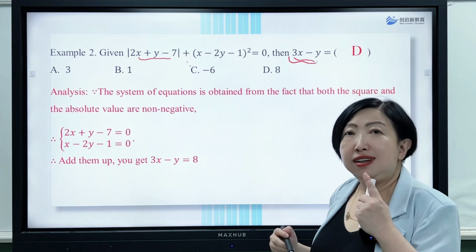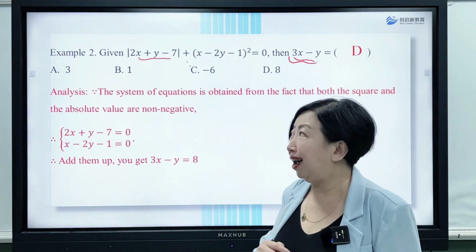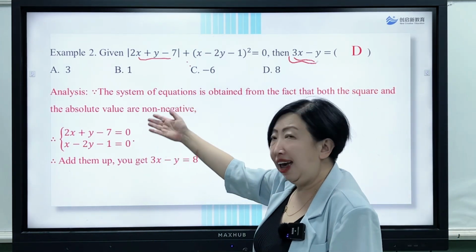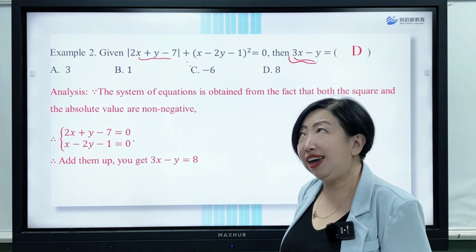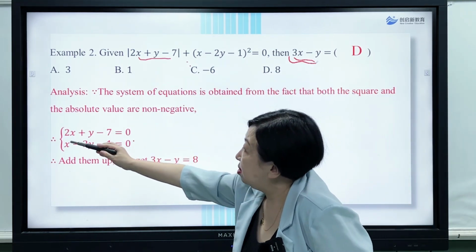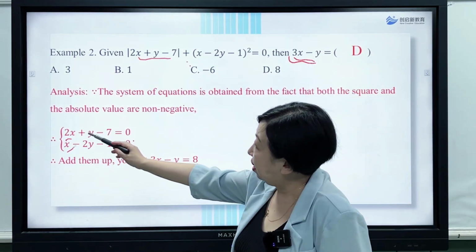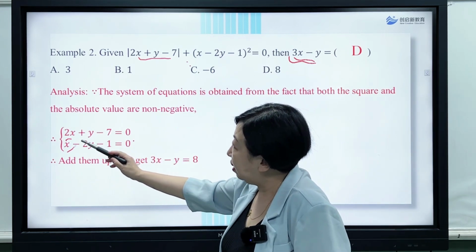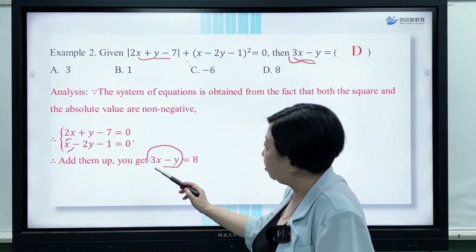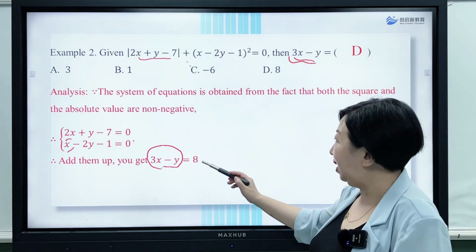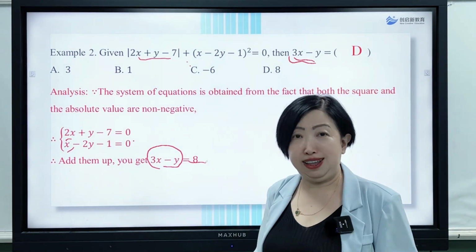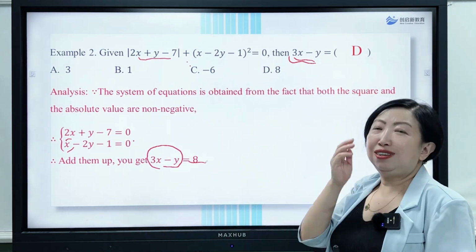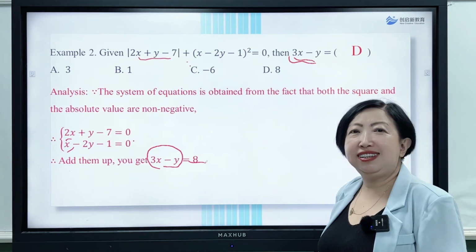They ask us for 3x plus y, so just add them. It's 3x and negative 2y, so it's 3x minus y, which is 8. That's the answer. We don't need to find x or y.